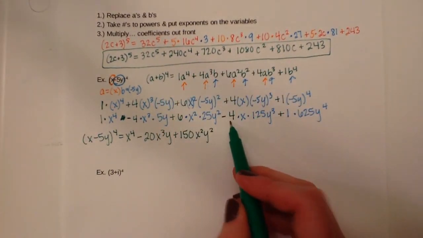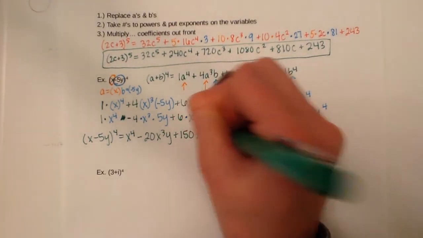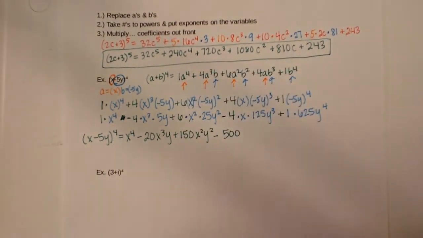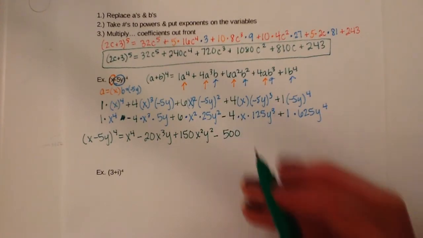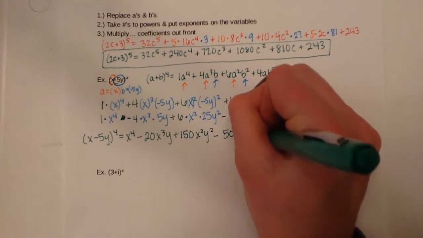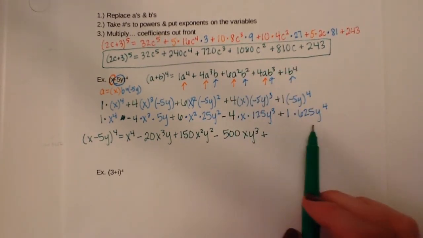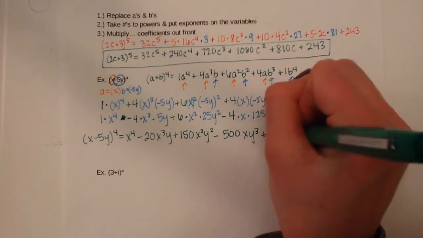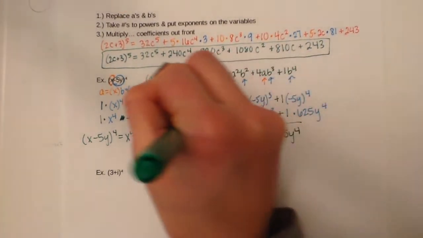And then we have 4 times 125, which will give you 500, and this is still a minus. And then we have x, y to the 3rd, plus 1 times 625 y to the 4th is just 625 y to the 4th.